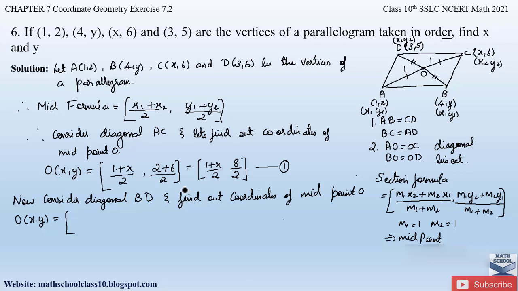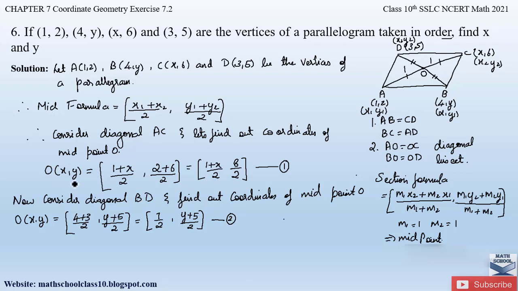So x1 is how much? 4 plus 3 divided by 2, and y1 plus y2 will be y plus 5 divided by 2. Further reducing, we get 4 plus 3 is 7 divided by 2 and (y plus 5) divided by 2. Let us take this as equation number 2.